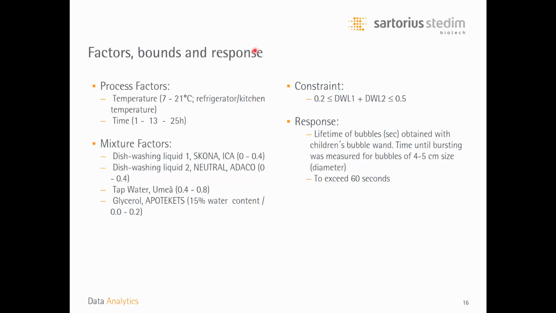We browsed the internet looking for a suitable bubble mixture recipe, which we could use as a starting reference mixture. Then this recipe was modified using mixture design, and bubbles were blown for each new mixture. There were 4 ingredients in the mixtures: 2 dishwashing liquids or washing up liquids, tap water, and glycerol to give the mixture some viscosity.